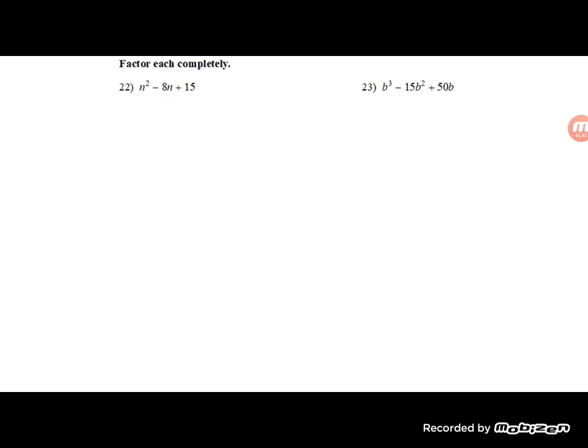Whew, okay, final stretch. Alright, so factor each completely. So we are going to do our a times c method right there. So a times c will be equal to 15, and b will be equal to negative 8. We want to find those numbers that multiply to 15 but add to negative 8. I can think, well, 5 and 3 would multiply to positive 15, but they wouldn't quite add to negative 8.